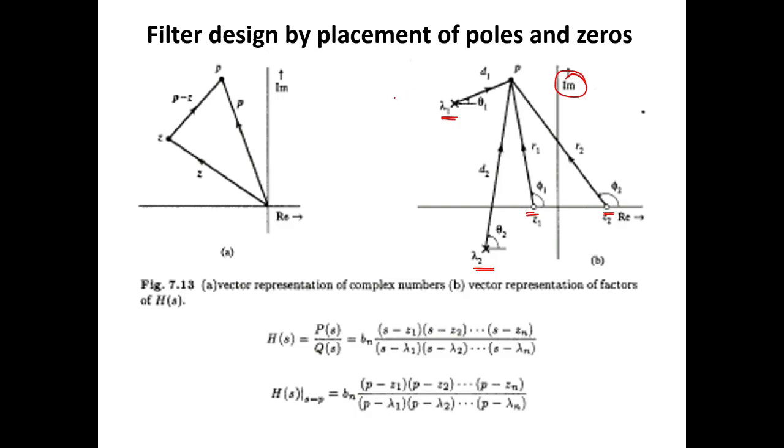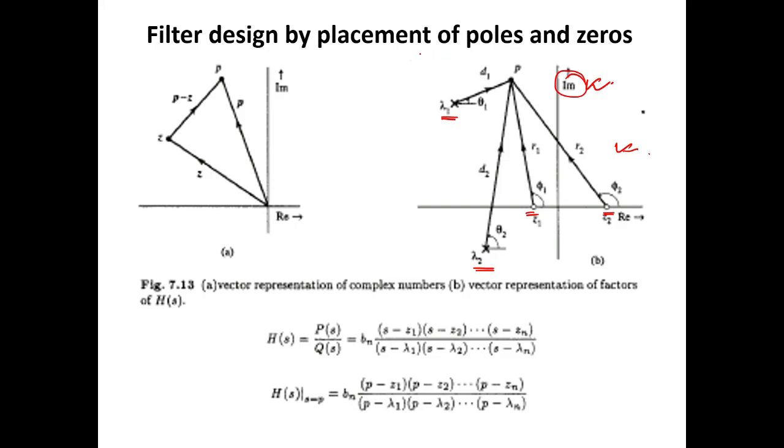The poles cannot be placed on the imaginary axis and also on the right hand side of the S-plane.